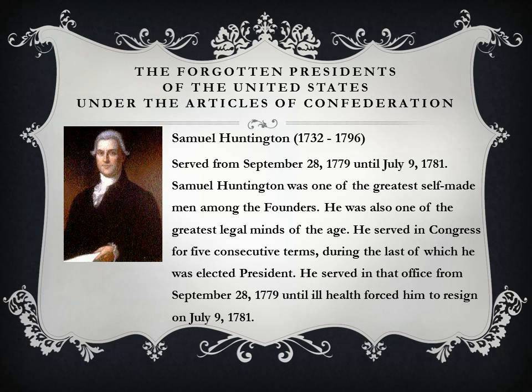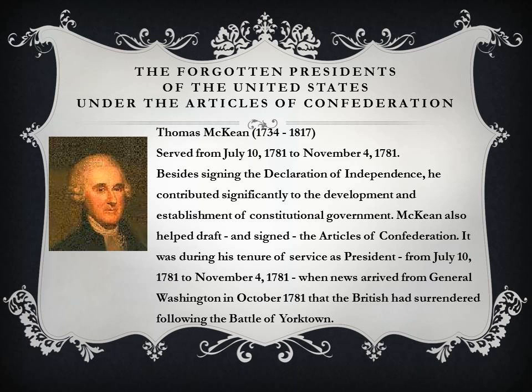But he finally did recover. Some didn't. He was into everything, but predominantly he was a merchant. He was also one of the greatest legal minds of the age. He served in Congress for 5 consecutive terms, during the last of which he was elected president. He served in that office from September 28, 1779, until ill health forced him to resign on July 9, 1781.